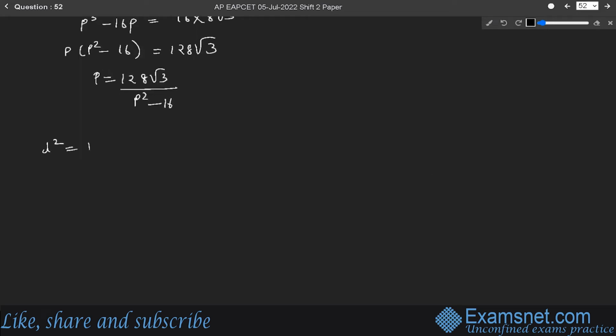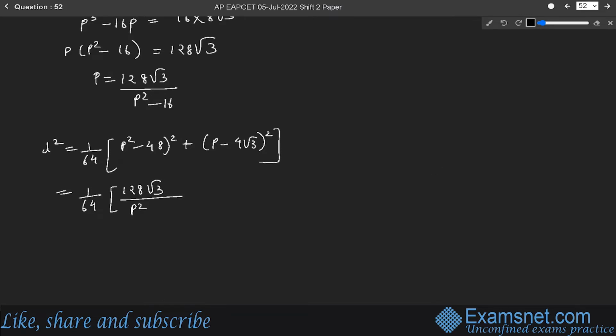d² = 1/64 [(p² − 48)² + (p − 4√3)²]. This is equation number 1. On putting the value of p here, we get 1/64 [(128√3/(p² − 16))² + (128√3/(p² − 16) − 4√3)²].